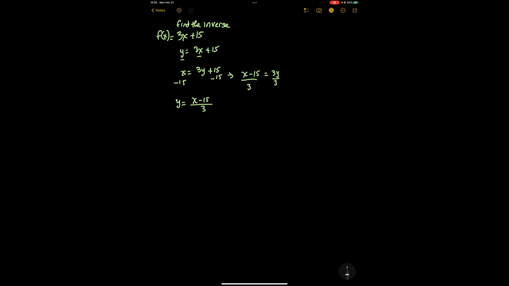And so this is the inverse, right? y equals (x minus 15) over 3 is the inverse of y equals 3x plus 15. And that's your answer.